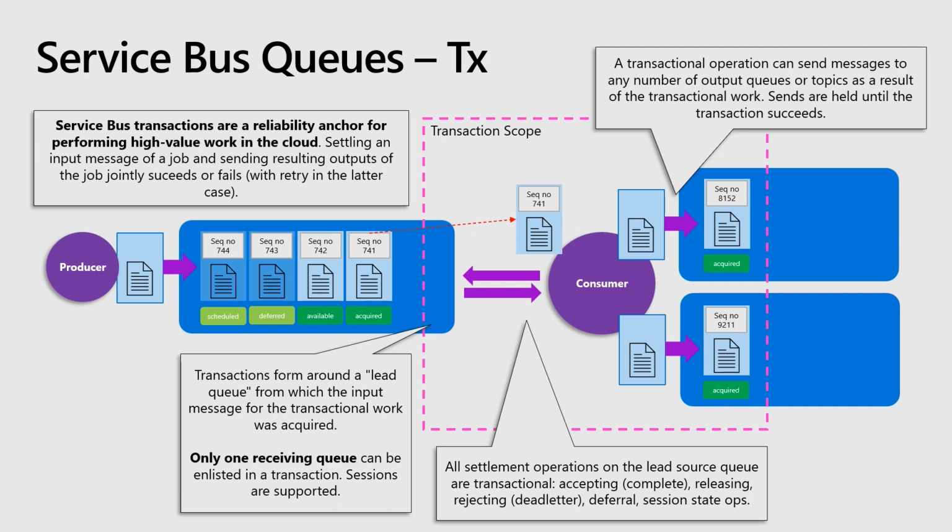The sending and the settlement of the incoming message, the completion, accepting, those operations are atomic, which means if you commit the transaction, only then do the sends happen and the settlement happen, all in one go. Which means that if the work fails, you will get the message again and do the reprocessing, but you will never leak the intermediary results.